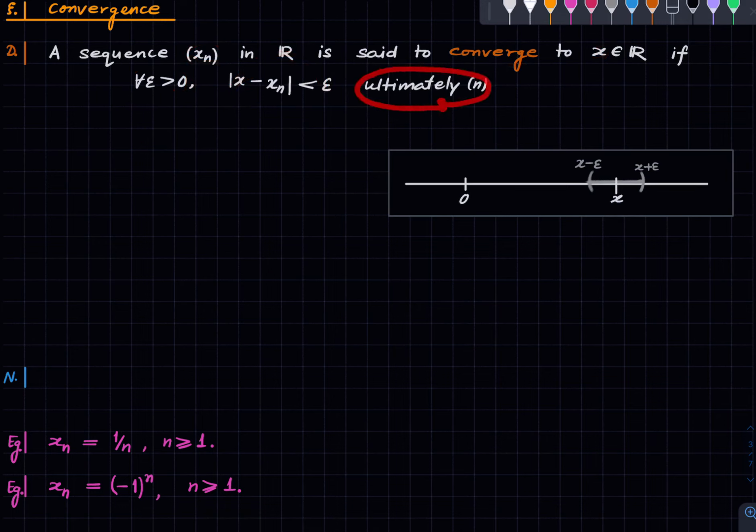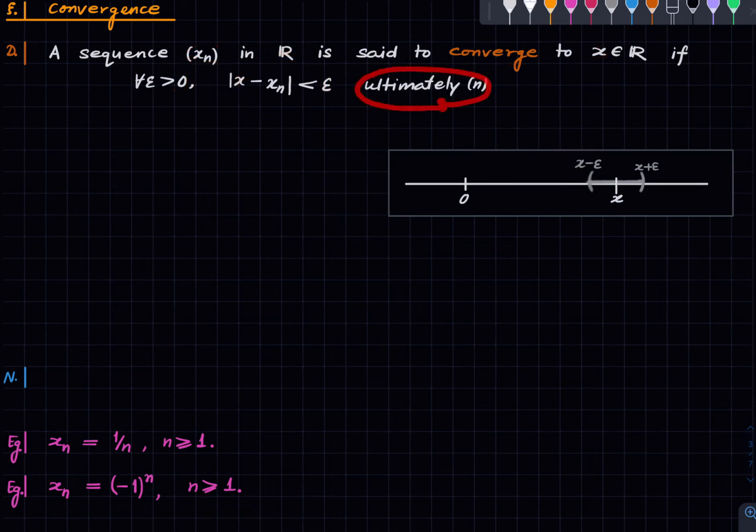Okay. So very, very basic things, and note this very simple observation. If xn tends to plus or minus infinity, then xn does not converge, meaning xn is divergent. Right?